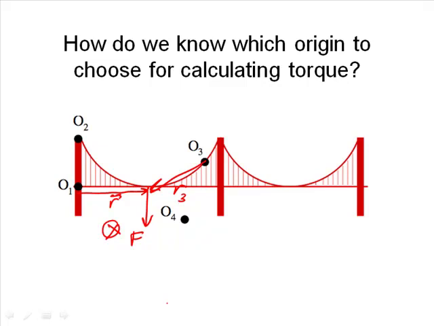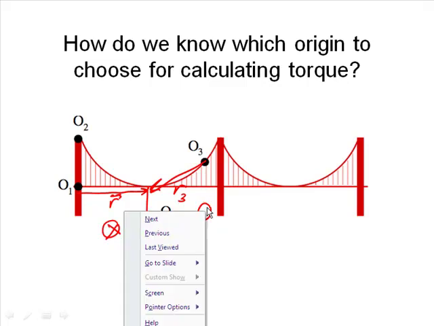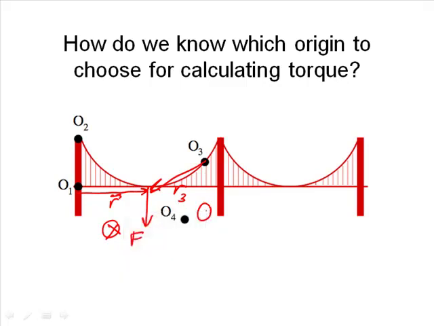That leaves my thumb pointing out of the page. So if my origin is 3, the torque is actually out of the page. So we see the direction of the torque depends on what origin I'm using.